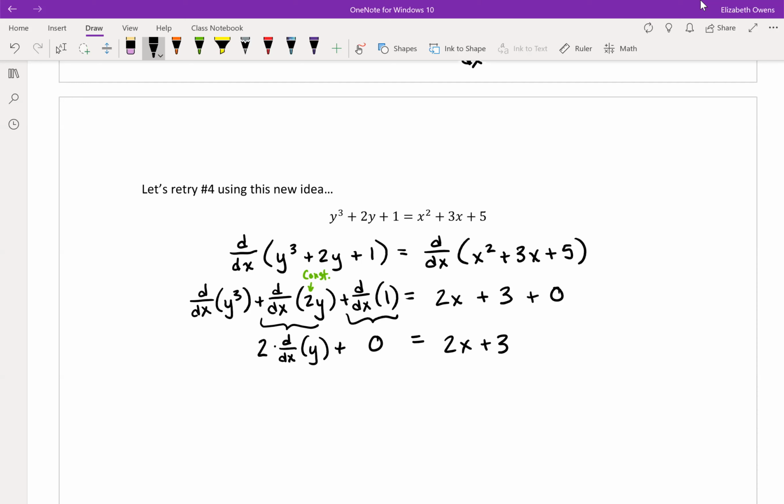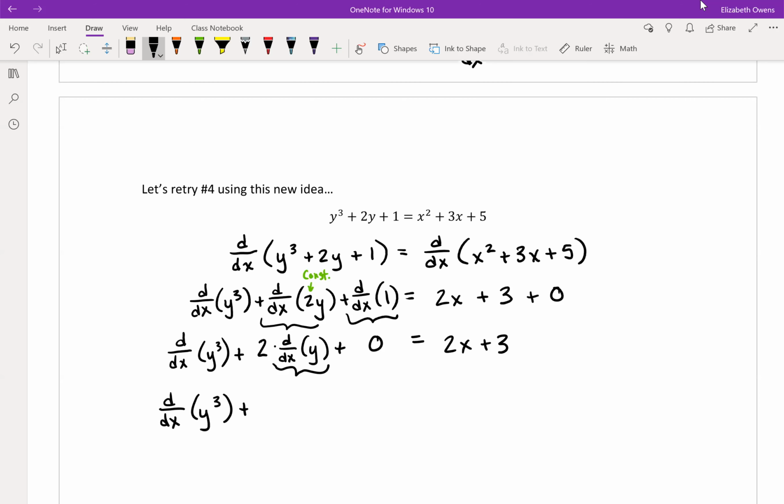Okay. So I'm just breaking things down bit by bit here. We'll leave the derivative of y cubed alone for just a second. All right. And let's write this again. Derivative y cubed.